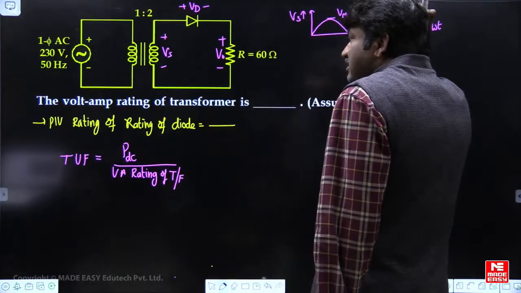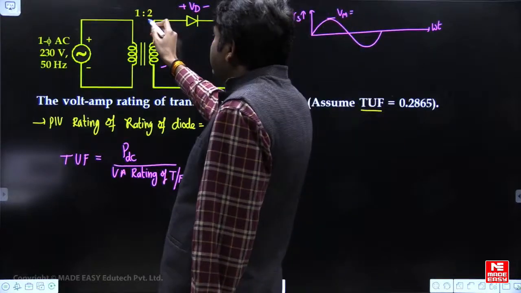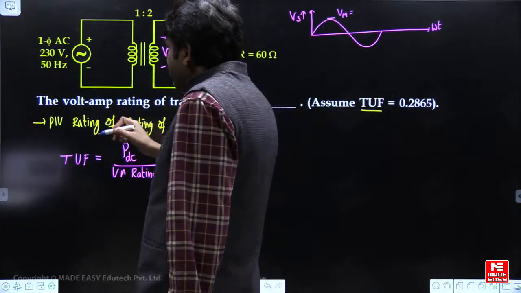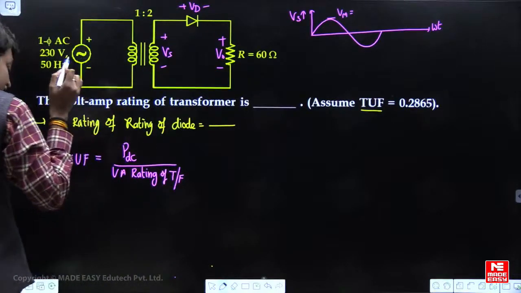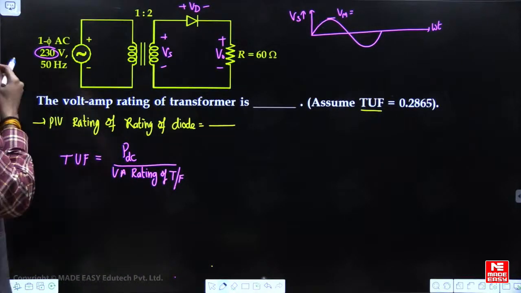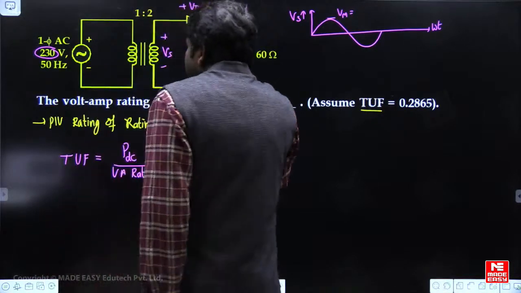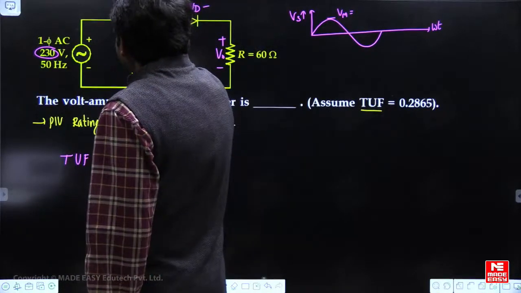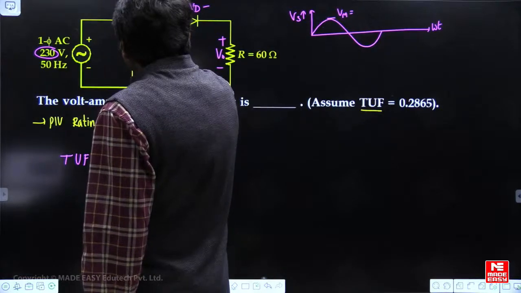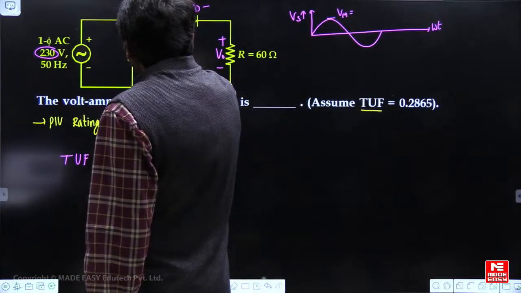The transformer ratio is 1:2, so the secondary voltage is twice. This is the RMS value on the primary side, 230. So 1:2 means 2 times 230 is 460.